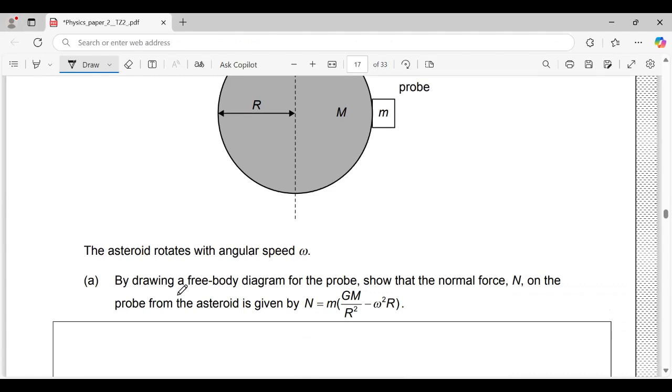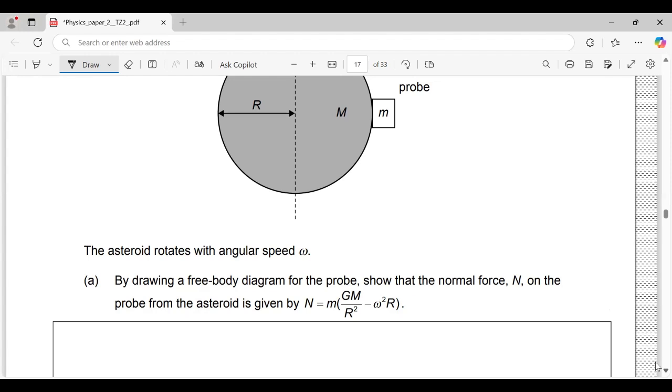By drawing a free body diagram for the probe, show that the normal force N on the probe from the asteroid is given by N equals m times (GM over R squared minus omega squared times R).